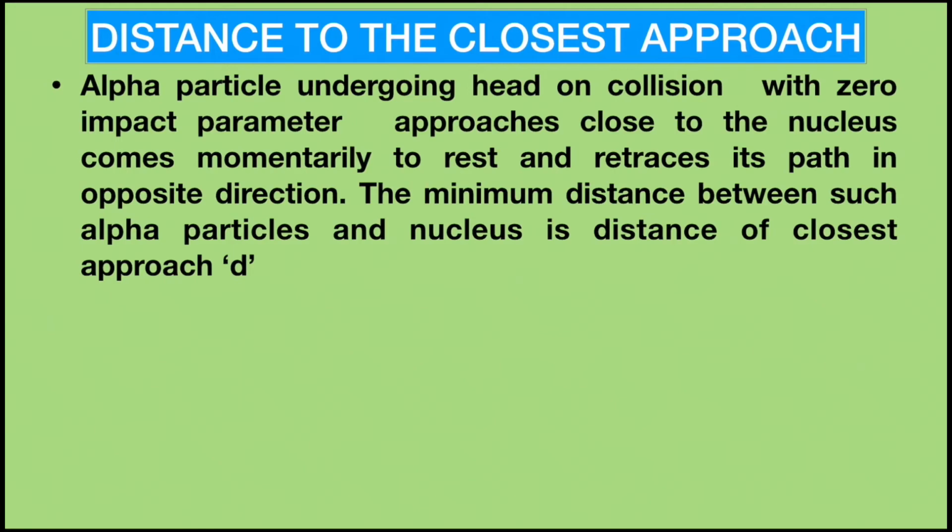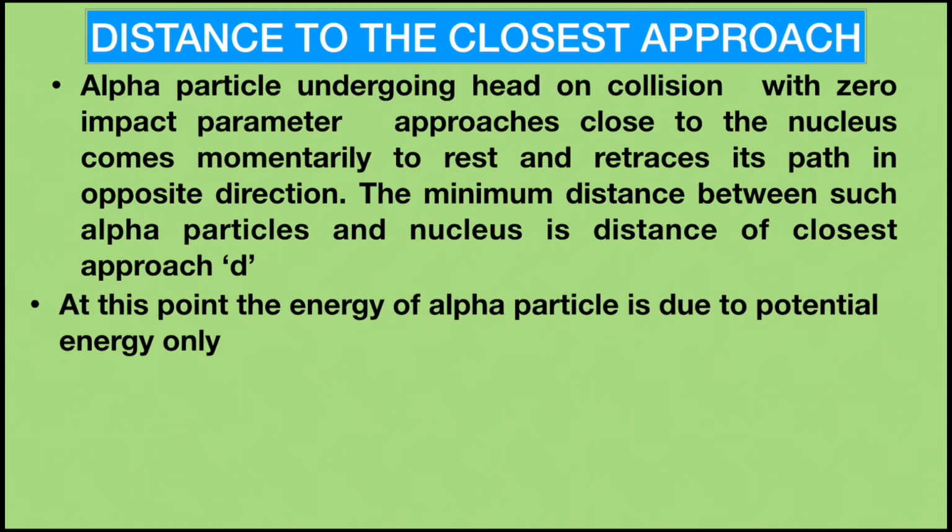So, to find the expression for this distance of closest approach is very easy. We will follow the law of conservation of energy for the purpose. At this point, the energy of the alpha particle is due to potential energy only. Why is it so? Because at this point the alpha particle comes momentarily to rest and is then reverted back in the opposite direction.